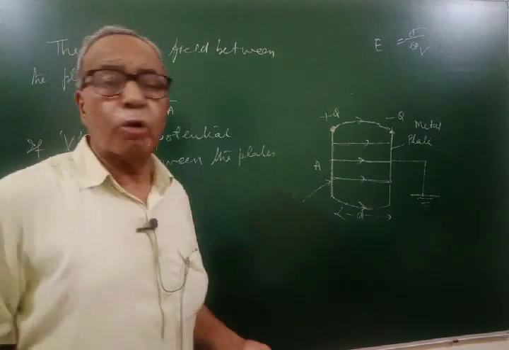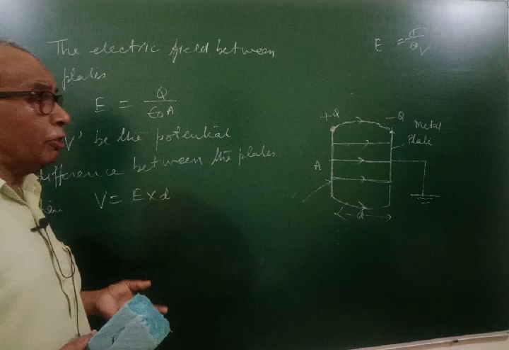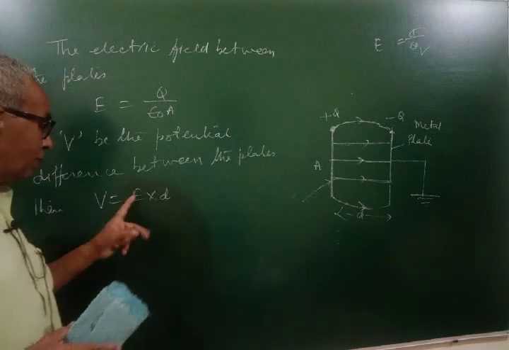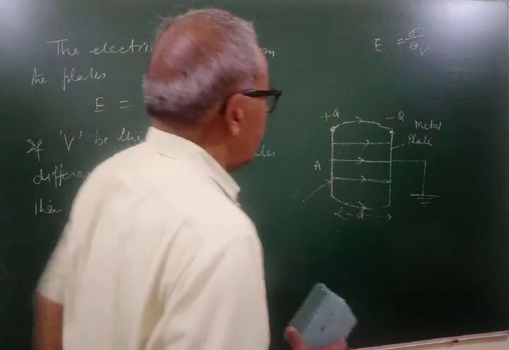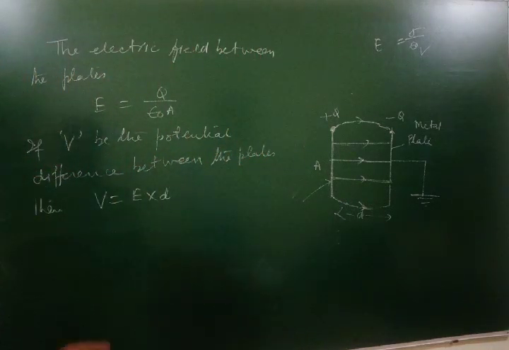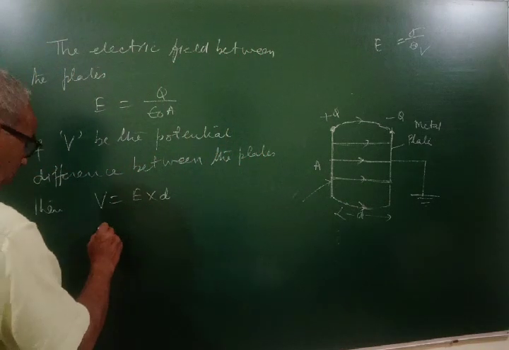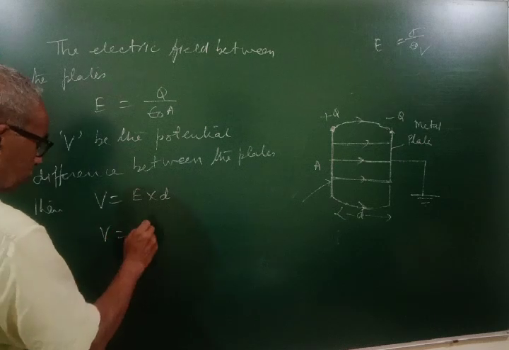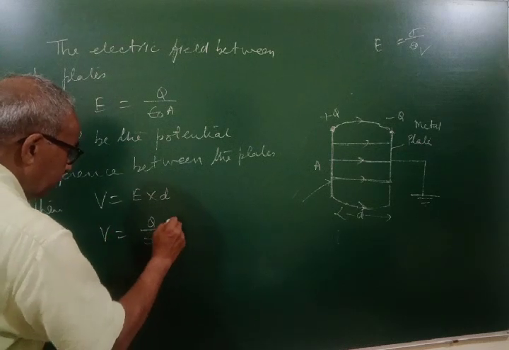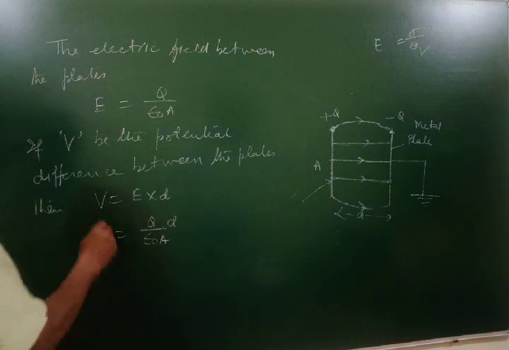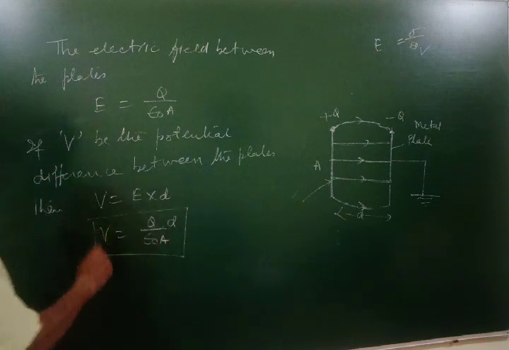Potential difference is the amount of work done in carrying unit charge. E is the electric field, meaning force on unit charge. Moving through distance d from negative to positive plate, V equals Q upon epsilon 0 A into d. This is the potential difference between the plates.